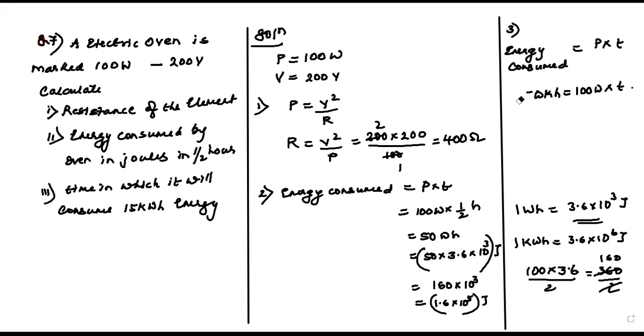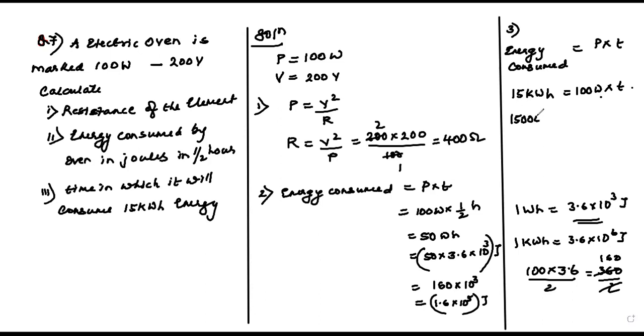So what is 15 kilowatt hour, children? This is in watts, this is in kilowatts. So naturally, kilo is 1,000.